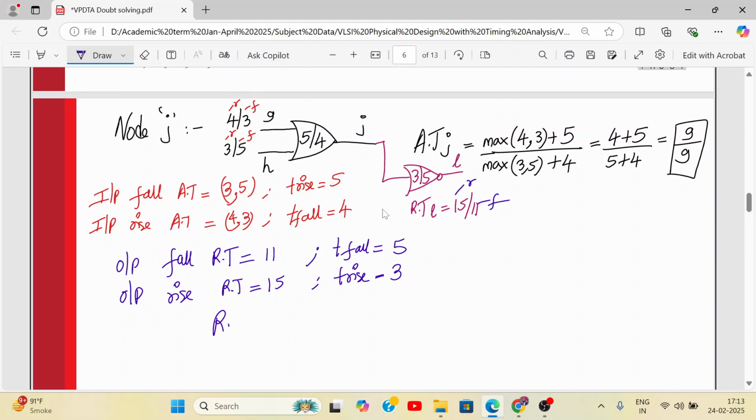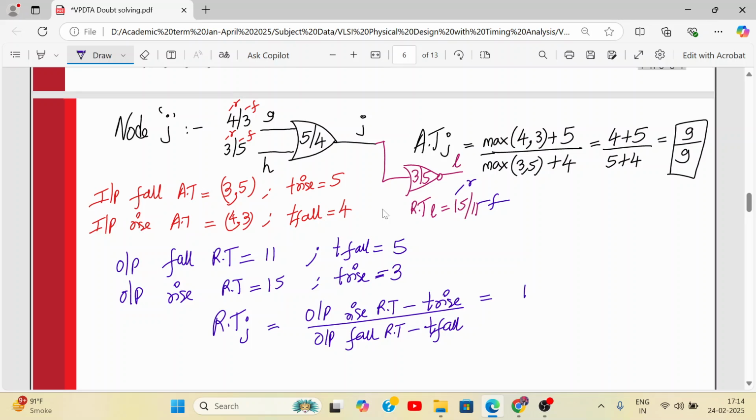Then how will you find out the return time at node J? It's a non-inverting gate. It will be output rise return time minus T rise divided by output fall return time minus T fall.